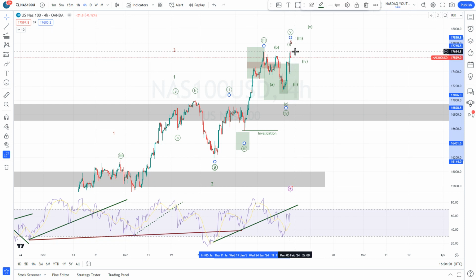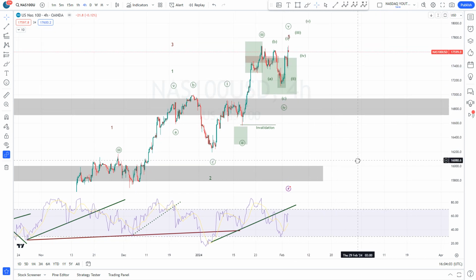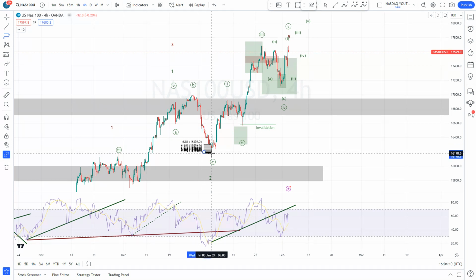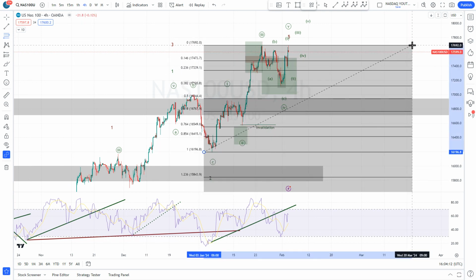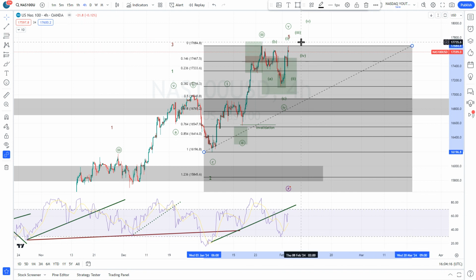assuming that we finished right here and we start a pullback, then the target area would be, if this is a wave 3, which we do not know for now, but if it is a wave 3, then we can have a wave 4 down here into the area between the 0.146 and the 0.618 Fib retracement.